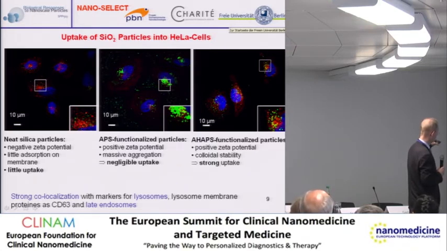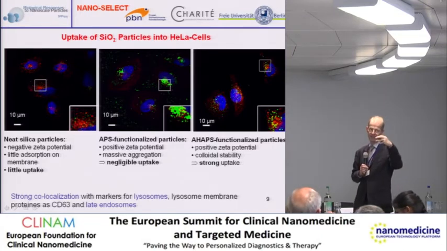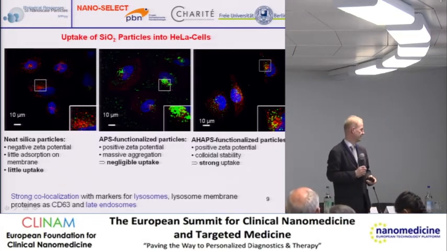This would show up as green dots here. This is the APS. You only see outside on the cell membrane big patches. So this is just these aggregating particles. They stick on the surface of the cells.